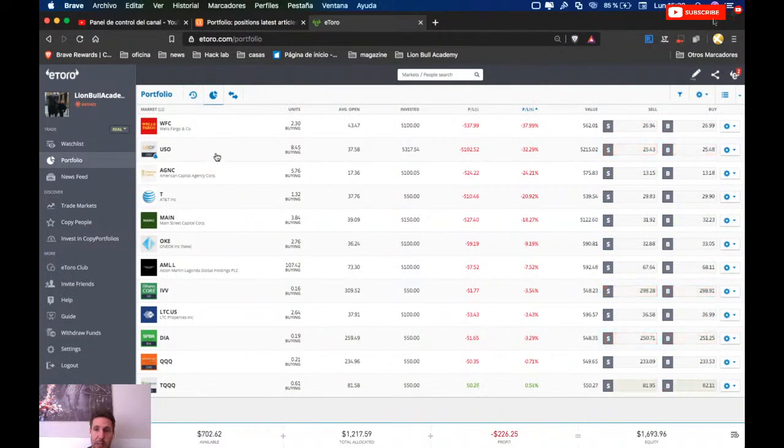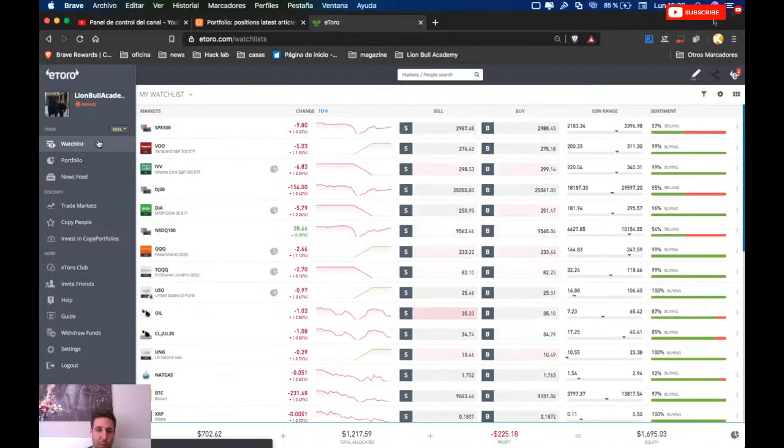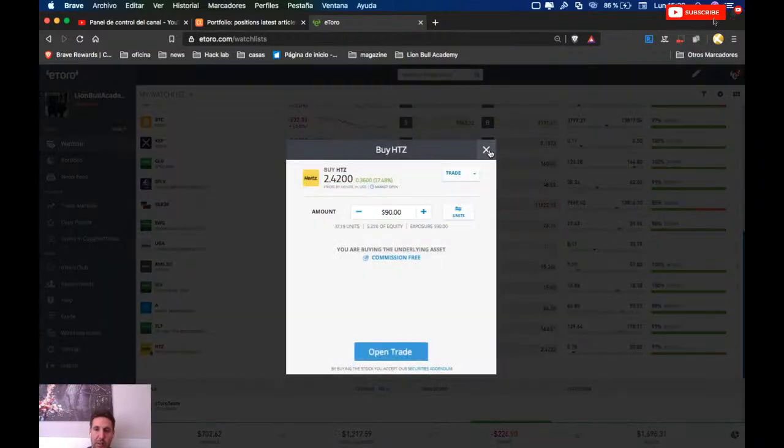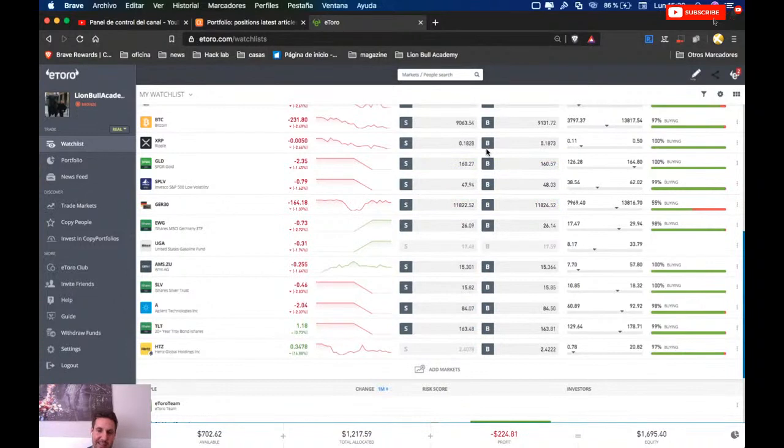Let's look at what else we can do. Somebody wanted to buy Hertz. Hertz is open now, but now it's too late. We are going to wait to try to get this position at a better entry because Hertz is now too high for my liking.